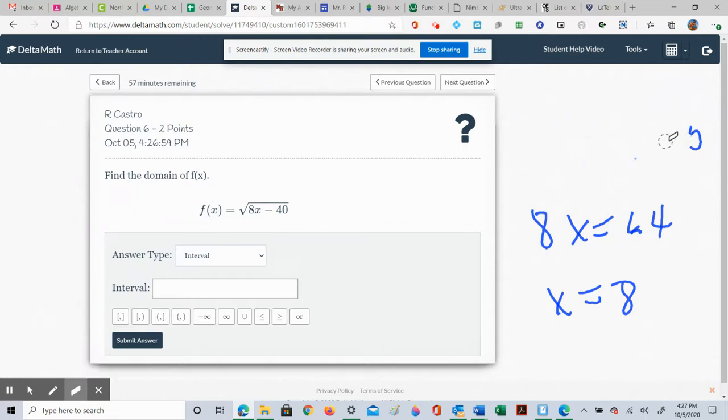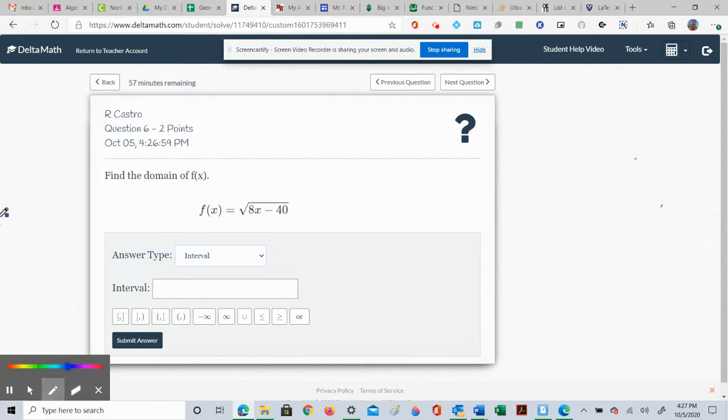In a square root, we know, what do we know? Got most of it right. Good. So in a square root, it has to be greater than or equal to 0. When it's like this, if it's in the denominator, it has to be just greater than 0.